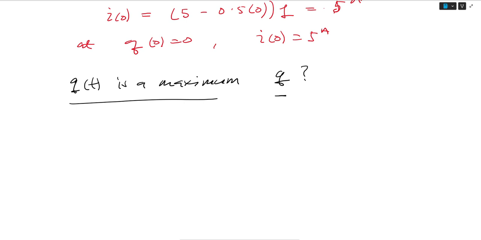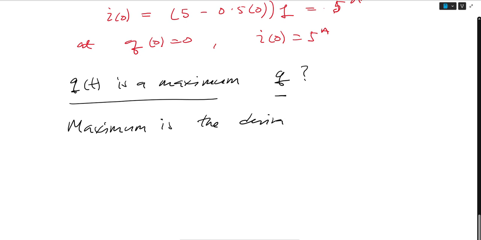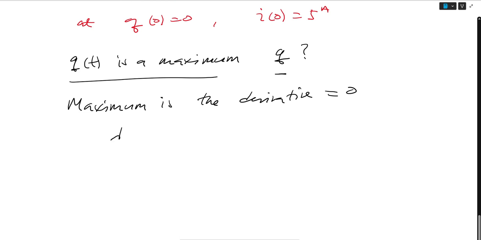And the solution is, the maximum is where the derivative equals 0. So essentially, we need to find dq over dt, and we already did that, which was 5 minus, sorry, 0.5 t e to the negative 0.1 t.